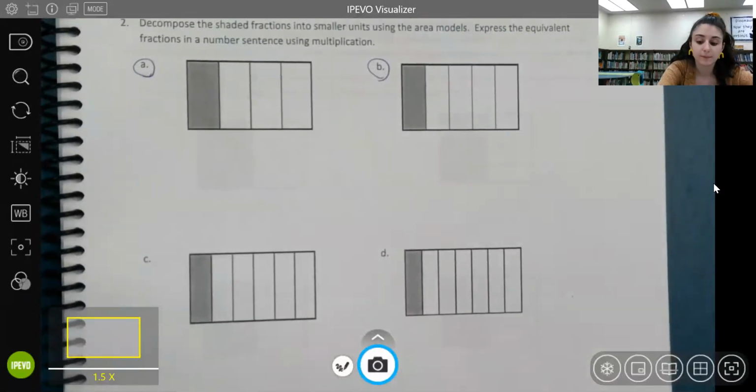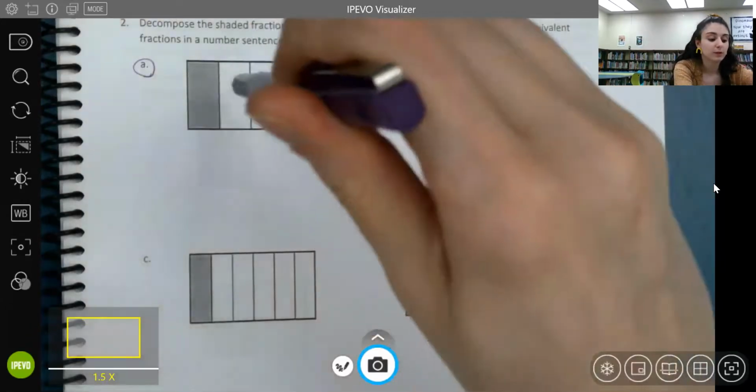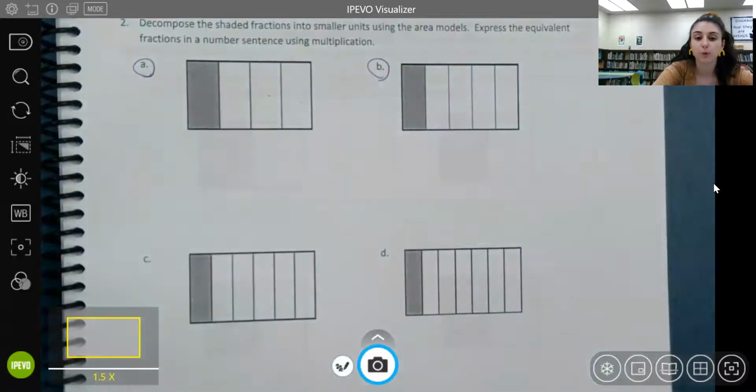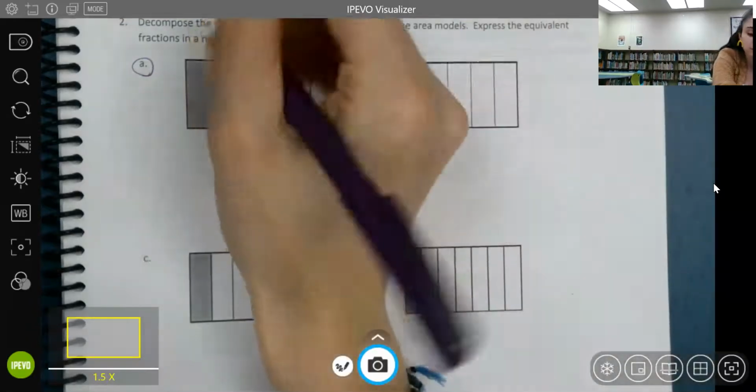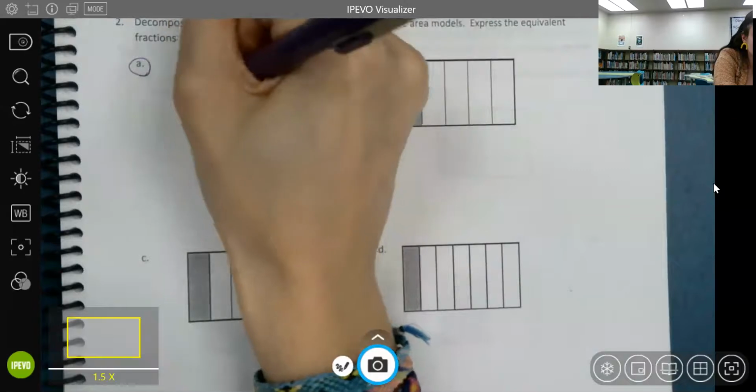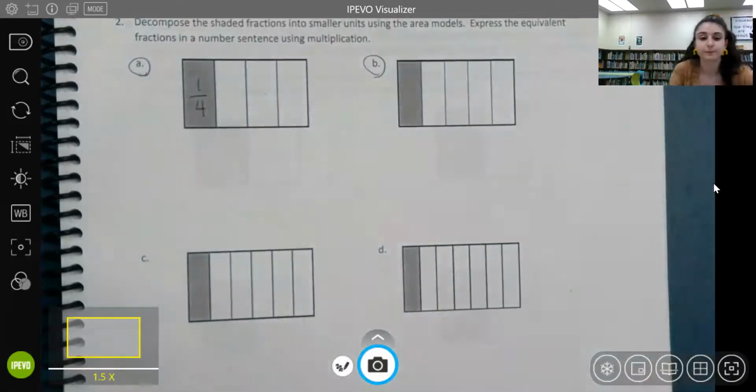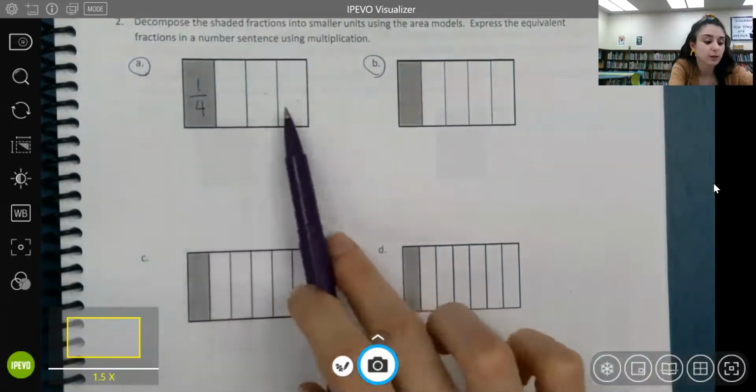In A, how many boxes do we have? I'll give you a second to think about it. We have 1, 2, 3, and 4. So you should have said 4 boxes. What is our unit fraction if there are 4 boxes? Of course, I'm going to write it just in the box, 1/4, since there's 1, 2, 3, and 4.